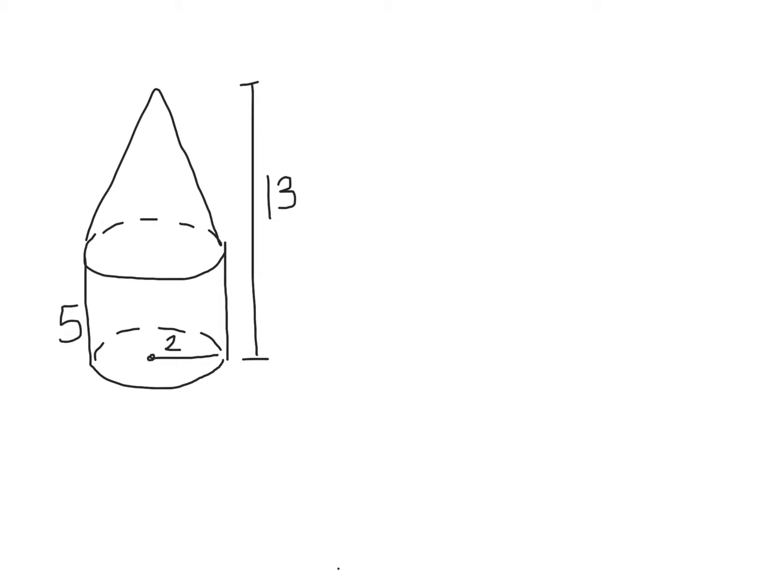Okay, so here we are back at my picture. After looking at the images in the video, the real life cone and cylinder, we saw that we're only going to be looking at the lateral surface area of the cone. The formula for lateral surface area is pi times the radius times L, and that variable represents the slant height of my cone.